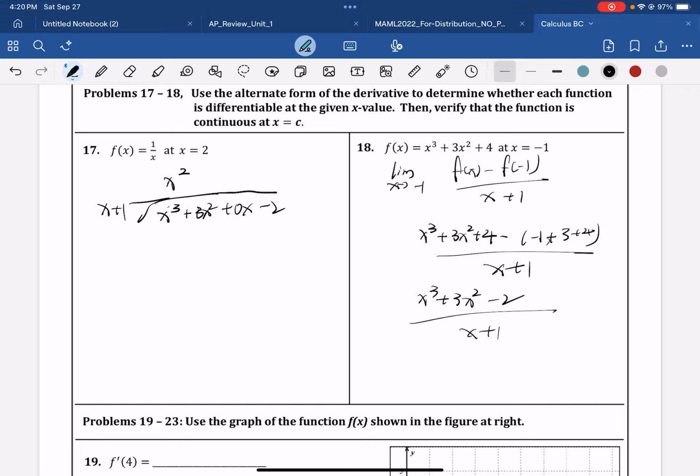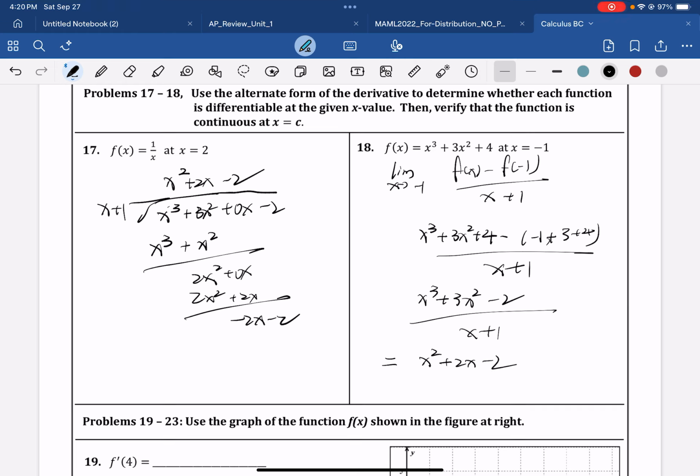So we put x squared above, and we get x cubed plus x squared. Subtracting them, we get 2x squared plus 0x, then bringing down 2x, which leaves negative x minus 2 after the next step. So the function becomes x squared plus 2x minus 2.